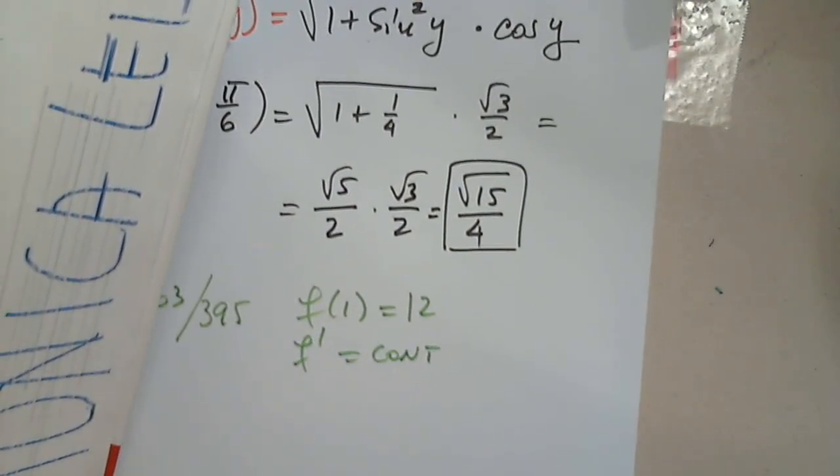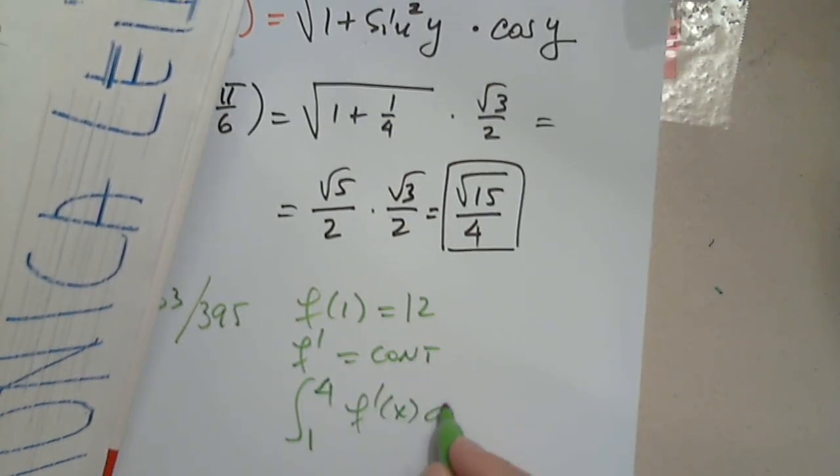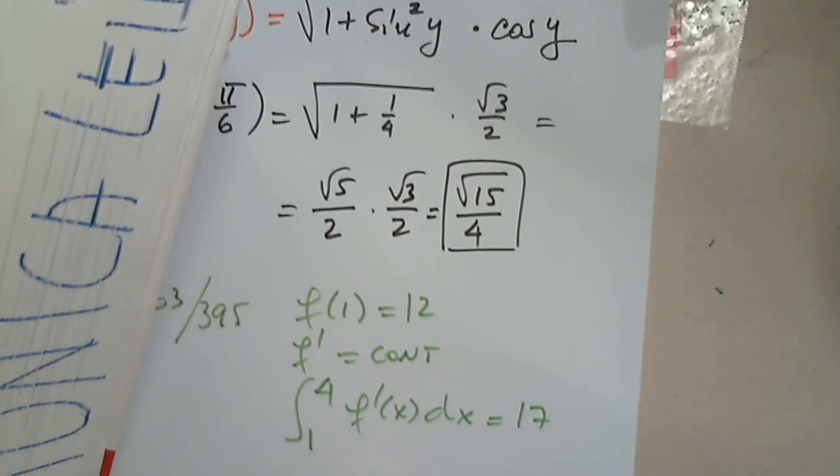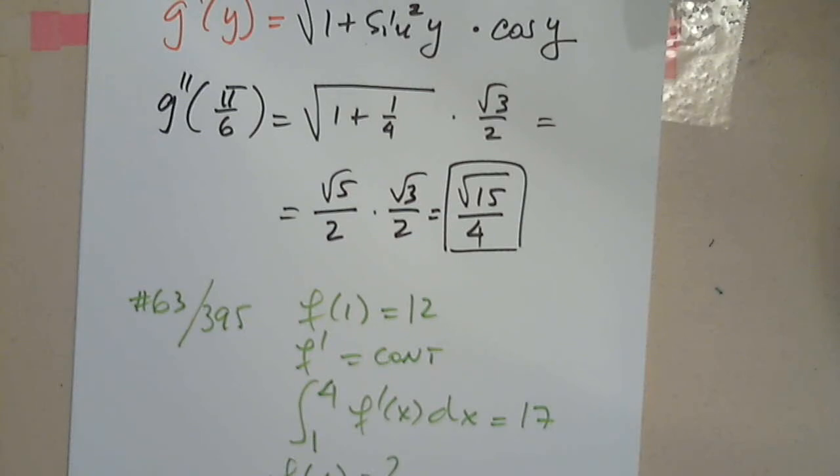And the integral from 1 to 4 of f prime of x dx is 17, and they're asking us to find f of 4. I don't know if this is exactly what we are looking for. We also have 60 or 61, if you'd like to look at. So let's see what this is asking us to do.